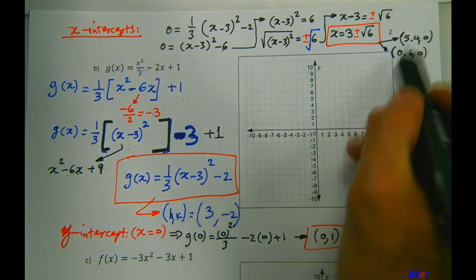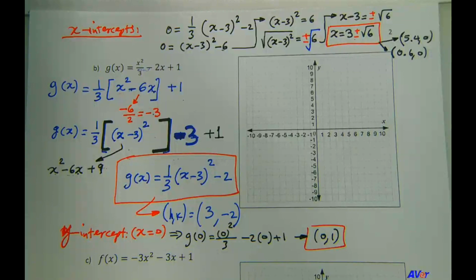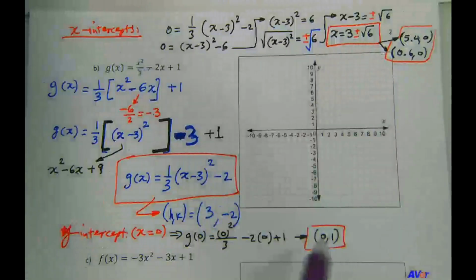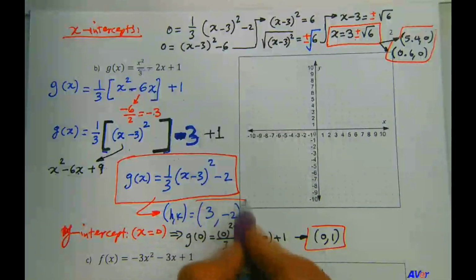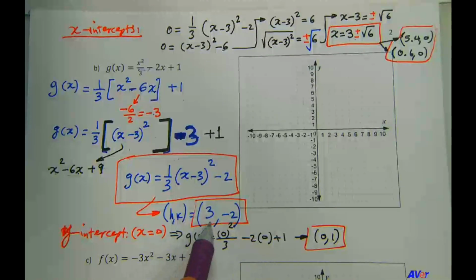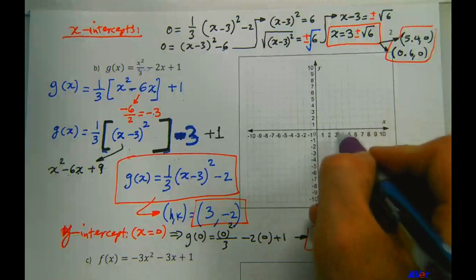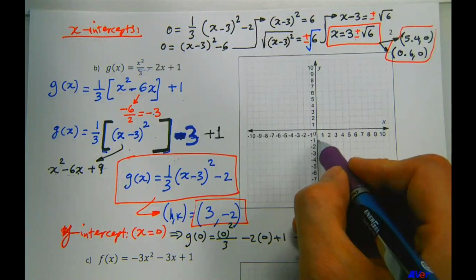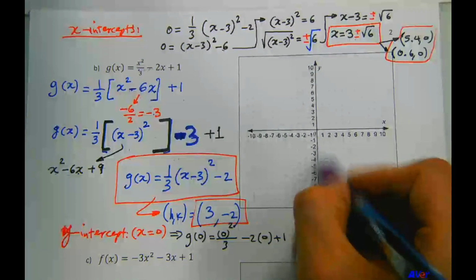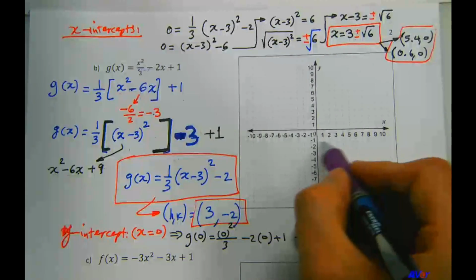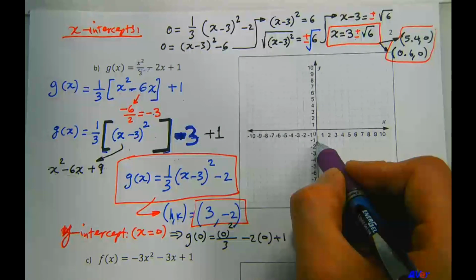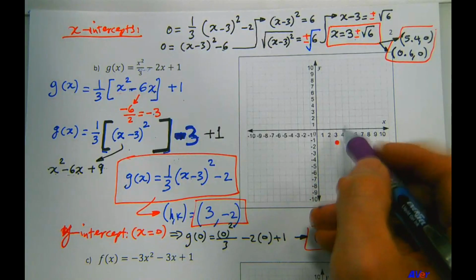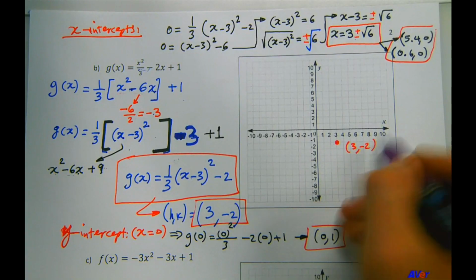Those are the x-intercepts right there, approximations of this quantity, right? We have the y-intercept and we have the vertex. So let's plot the vertex first. 3 comma negative 2. 1, 2, 3, negative 2. These are a little bit offset, but it's just every little square. So minus 2 would be here, and 3 is there. So that's the vertex, 3 comma negative 2.